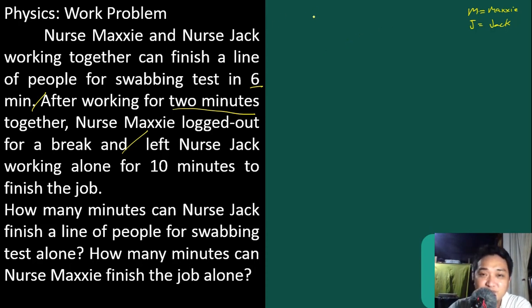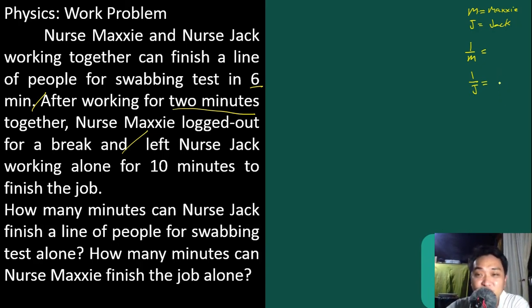We could express them in terms of fraction. So that is 1 over M. It will pertain to the fraction of the job that Maxi could finish, and 1 over J here will pertain to the fraction or the portion of the job where Jack could finish.